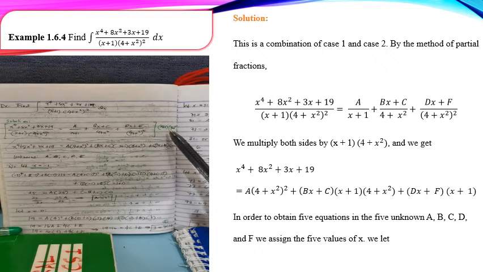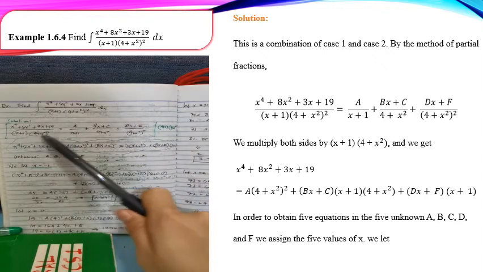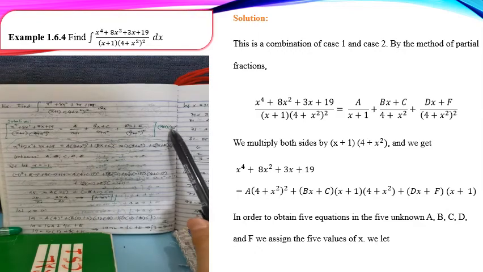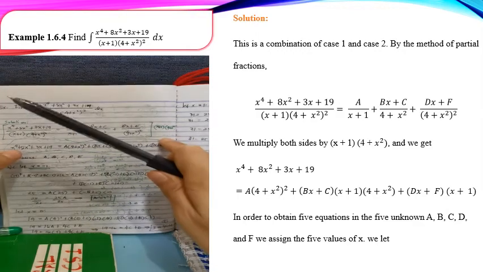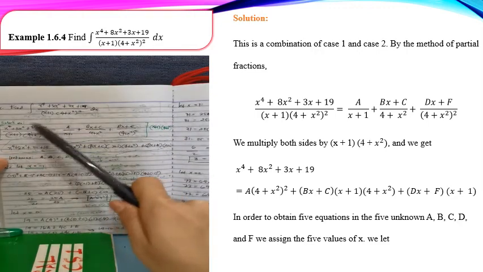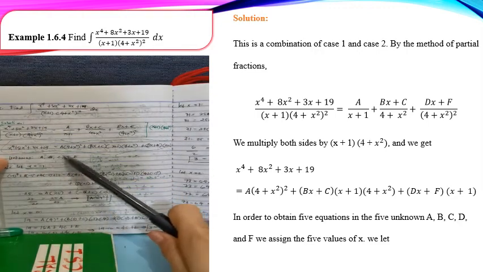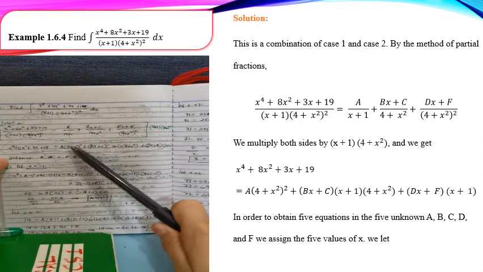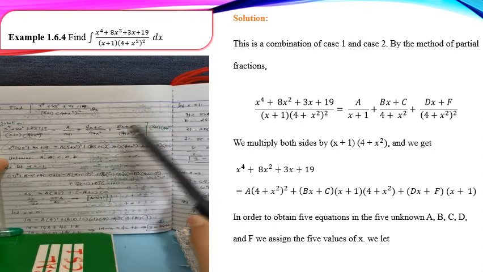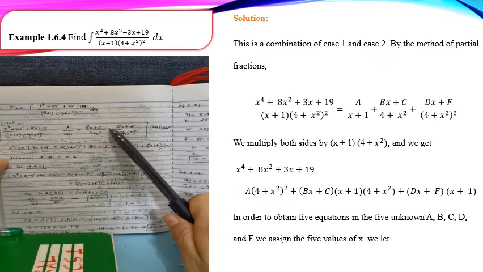mag-multiply tayo both sides by the LCD. So, always na ito yung LCD niya: x plus 1 times (4 plus x squared) quantity squared. Okay, so cancel out na dito, so we're left with the numerator only. Ang maka-cancel out lang dito is ito, so magiging A times (4 plus x squared) quantity squared plus (Bx plus C).